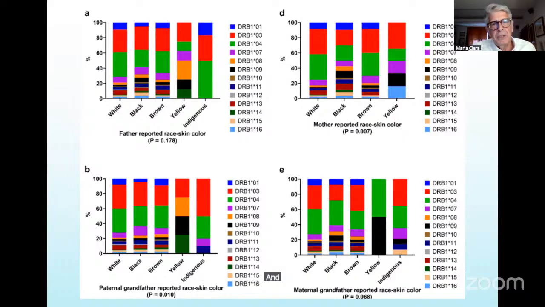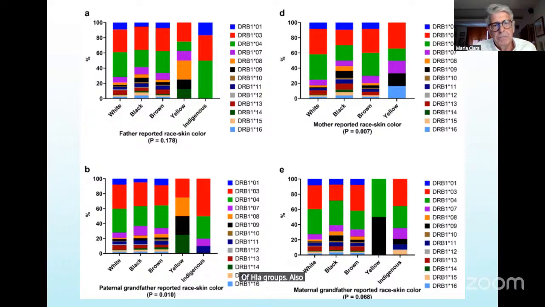And as you see, there is a multitude of colors in these graphics, but there is much less variation in the allele groups in the people who declare themselves as indigenous, as we know there is an association with populations that are not mixed, which have a smaller repertoire of HLA groups.